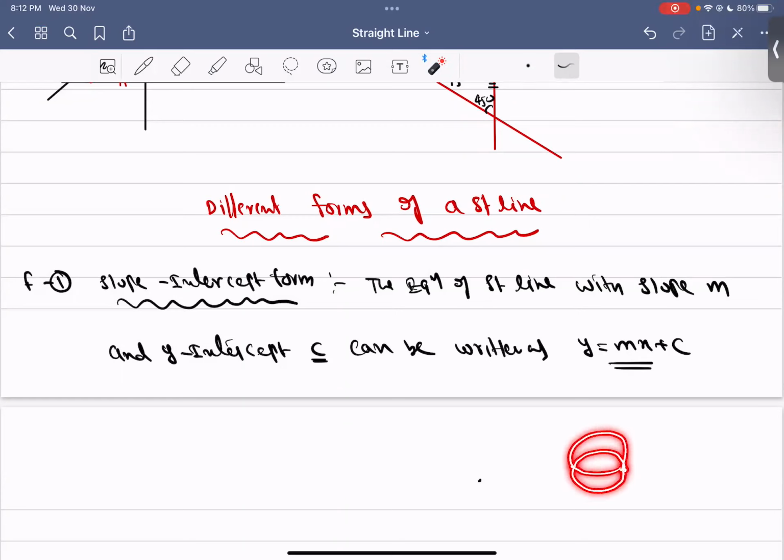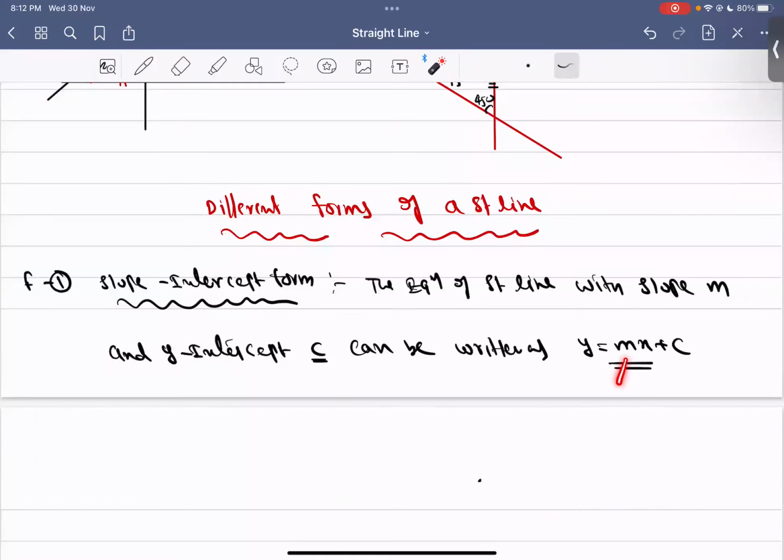Infinitely many circles. But how many lines can we draw? Only one line. So to completely specify a line, we need two quantities.